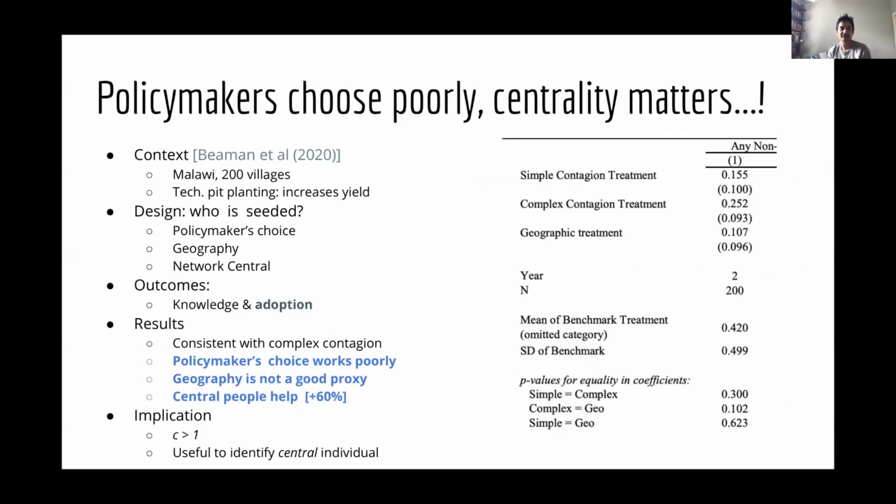The second thing they find is that adoption is a hell of a lot higher than the policymakers' seeding strategy if you seed people who are network central, right? Moreover, seeding people that are network central is better than geographic centrality as well. And so their findings are something like, look, it looks like there's complex contagion and there's definitely variation in terms of who you want to give information to. So it gives us a clue as to where, at least in this context, we live in the parameter space.